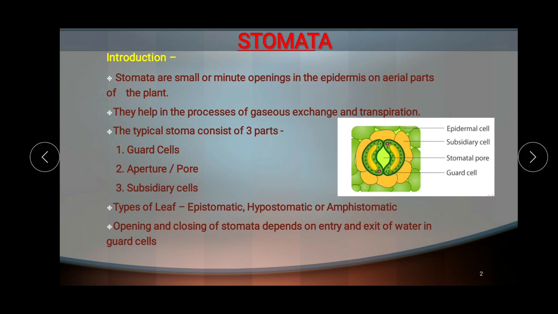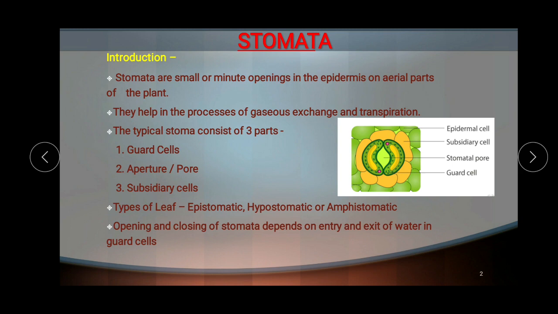Then based on the presence of stomata on the surface of the leaf, the leaves can be classified into three types: epistomatic leaves, hypostomatic leaves, or amphistomatic leaves.